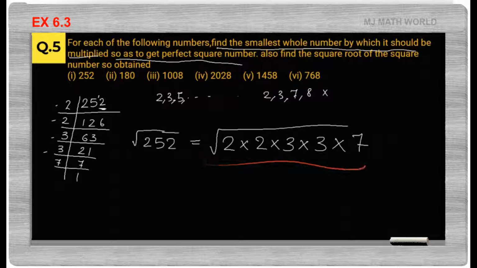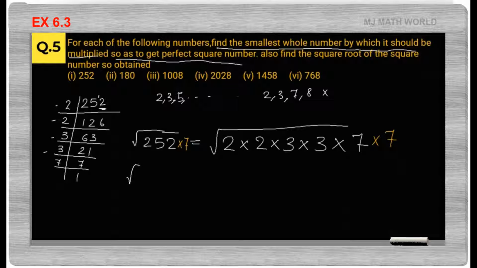Look at the right hand side. 2 and 3 have pairs, but 7 has no pair. If we multiply with 7, then we will have a pair of 7. On the right hand side, I will multiply with 7. If any change is done on the right hand side, we have to do the same on the left hand side. On the left hand side, I will multiply with 7.